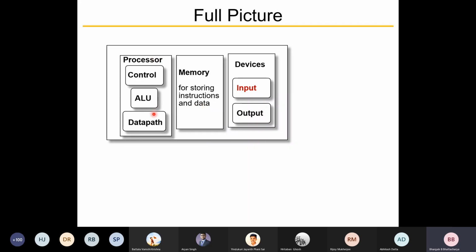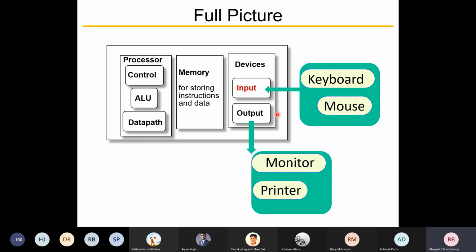In the processor you do not save anything, but there are some registers available which can serve as temporary storage, because accessing memory is time consuming, right? And you also need input output devices. For output you have a monitor or printer, for input you have keyboard, mouse, and so on.